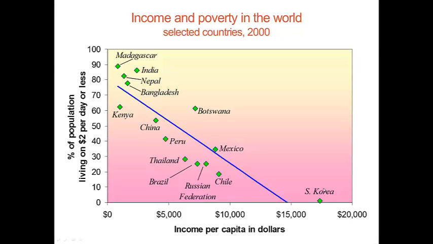South Korea has income per capita of almost 20,000 US dollars, somewhere within the region of 18 to 20,000 US dollars. But South Korea has almost zero poverty. The point is, countries that have high income tend to have relatively low poverty rates.